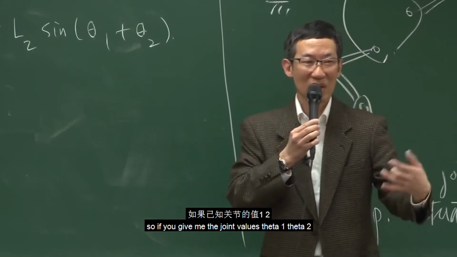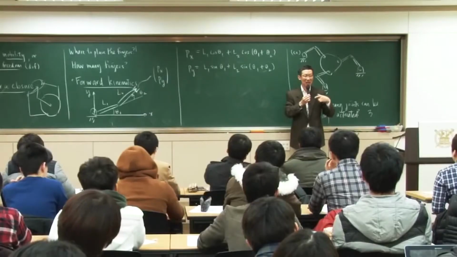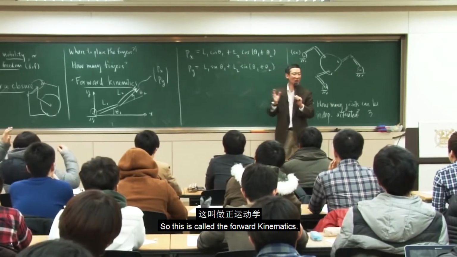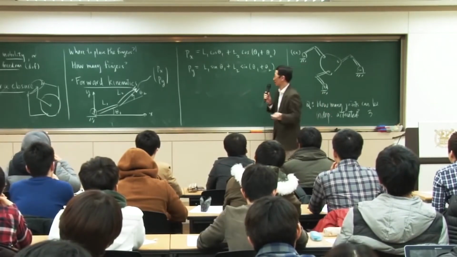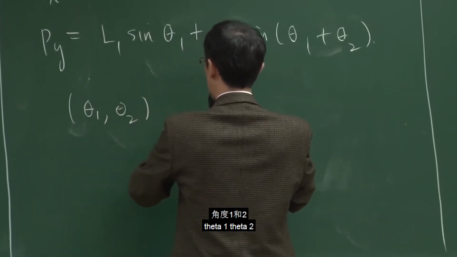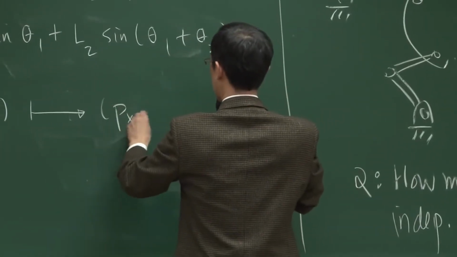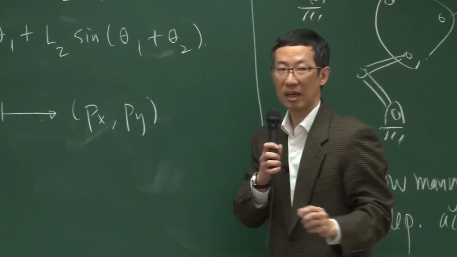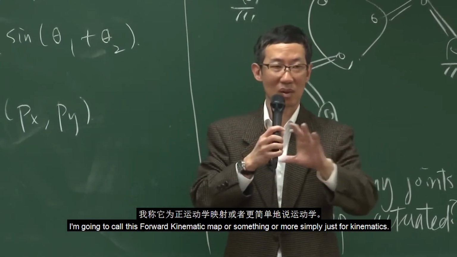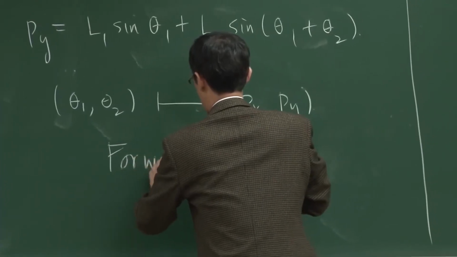If you give me the joint values, theta 1 and theta 2, then I can tell you exactly where the hand is using this equation. This is called the forward kinematics. This mapping from theta 1, theta 2 to the hand coordinates Px, Py, we're going to call the forward kinematic map, or more simply, just the forward kinematics.